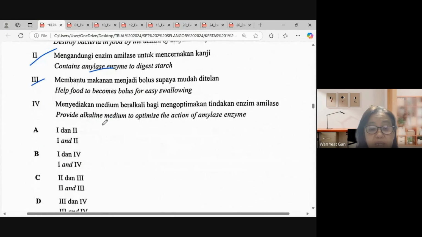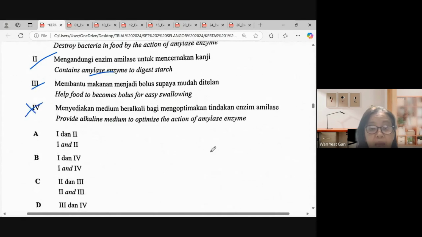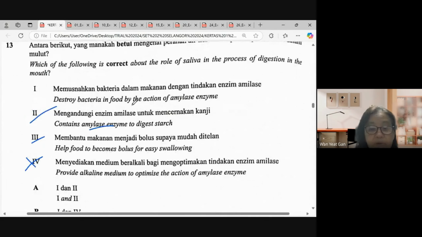The medium inside the saliva is actually neutral, so 4 is not the answer. And the bacteria is not destroyed by amylase enzyme, it is destroyed by HCl when the food reaches the stomach. So the answer is C.